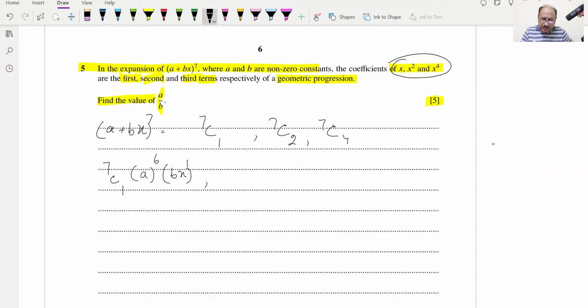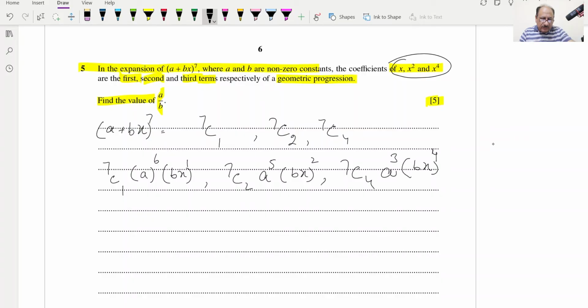7c1 term, and 7c2 term will be 7c2 a raised to the power 5, that is 7 minus 2, and bx raised to the power 2. And then 7c4 a will be 7 minus 4, which is 3, so a3 and bx raised to the power 4, and these will be the three terms.